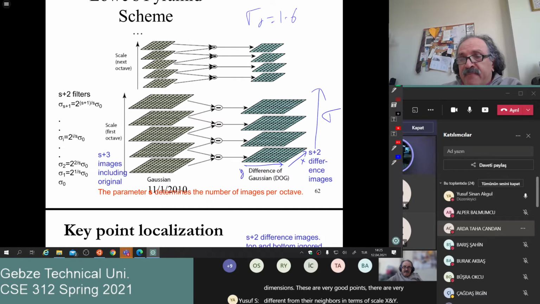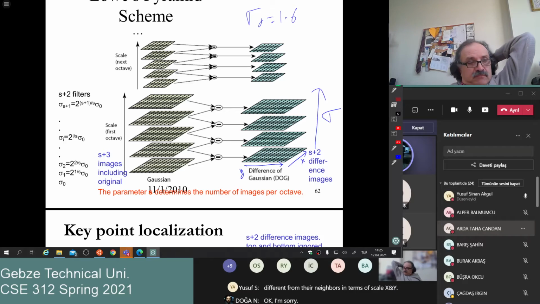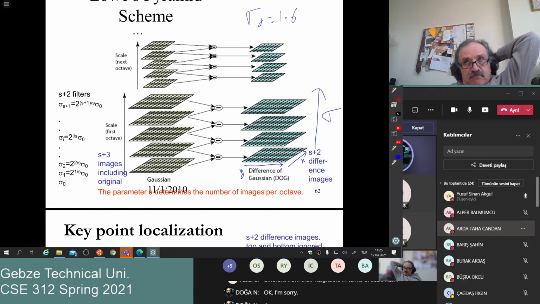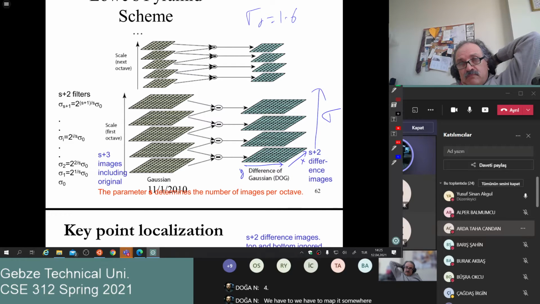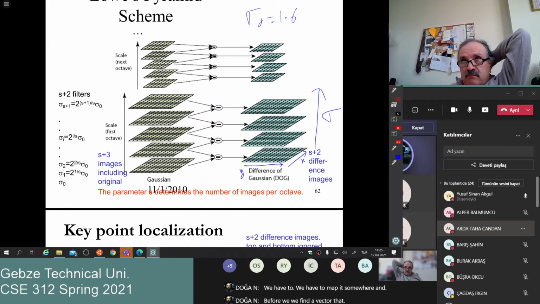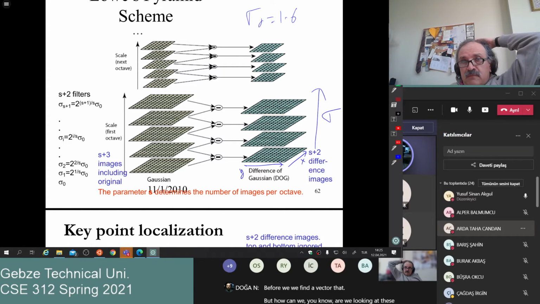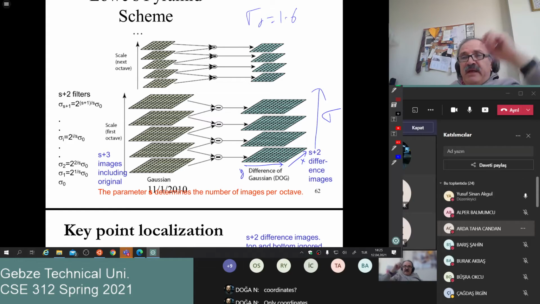Okay, and before we find a vector, how can we know? Are we looking at its coordinates? Only coordinates? Sure.